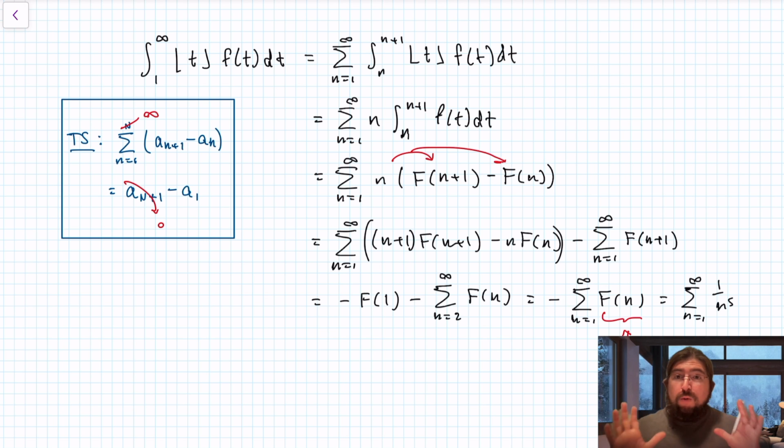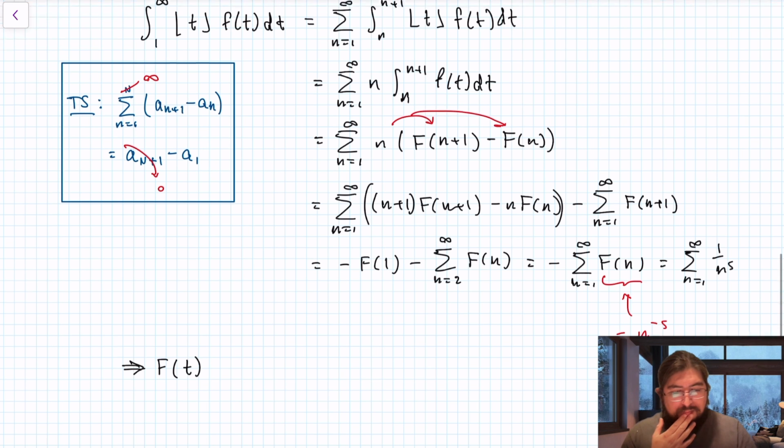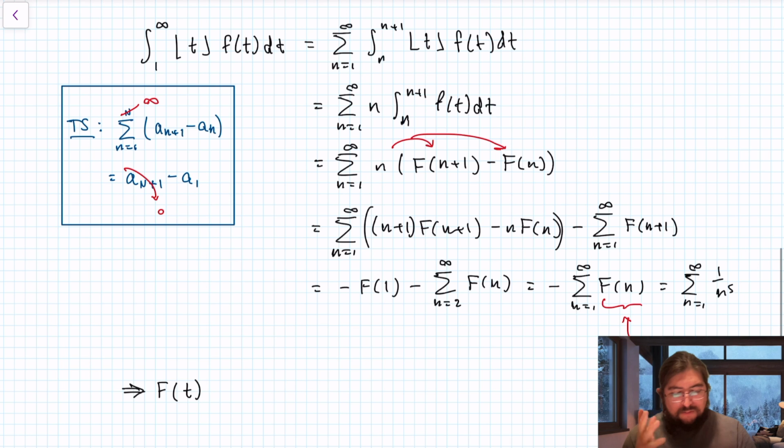Perfect. So we have a nice result, kind of. We have capital F of n. I'll replace n with t. We didn't really use a capital F of t, but it's an antiderivative of lowercase f of t, so it's okay. So capital F of t, we want to be negative t to the negative s so that that works out.